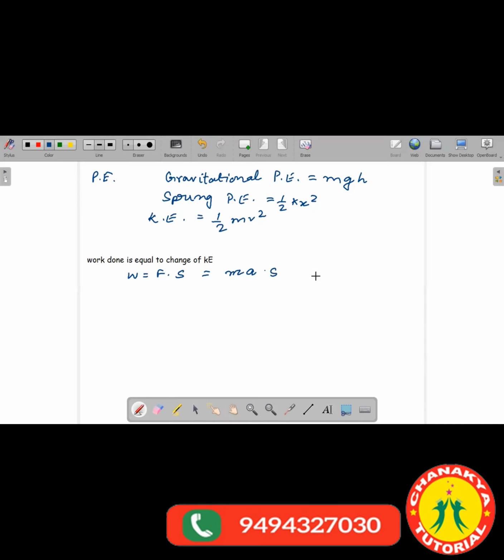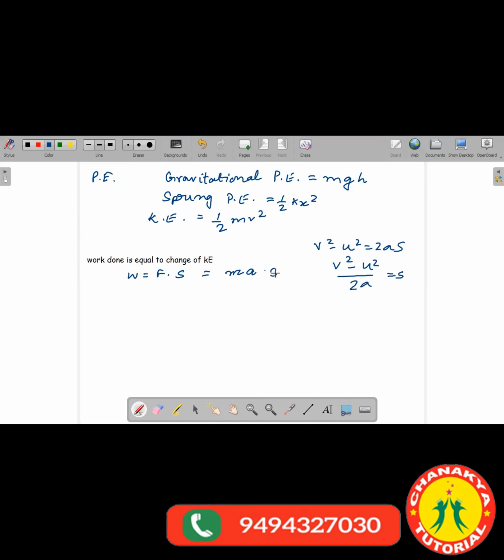But as per our knowledge of the kinematic equations of motion, we have v squared minus u squared equals 2as. Now from this, if we take the value of displacement s, we get v squared minus u squared over 2a equal to s.